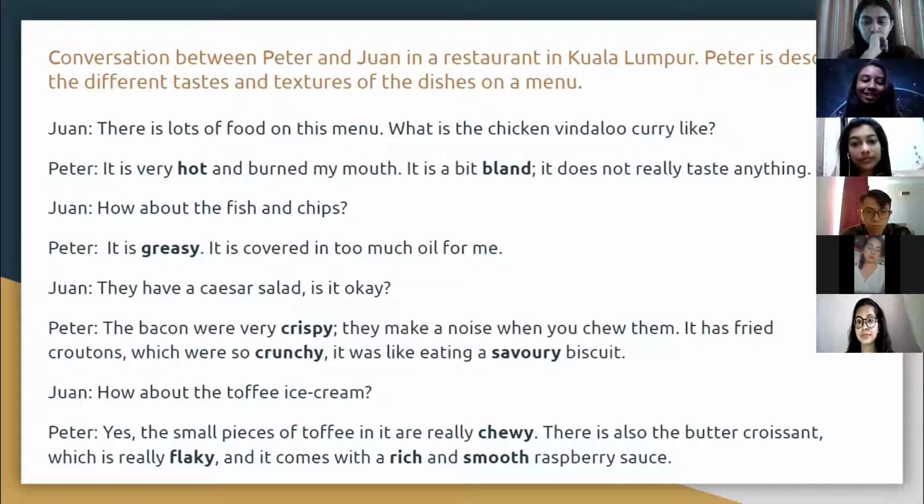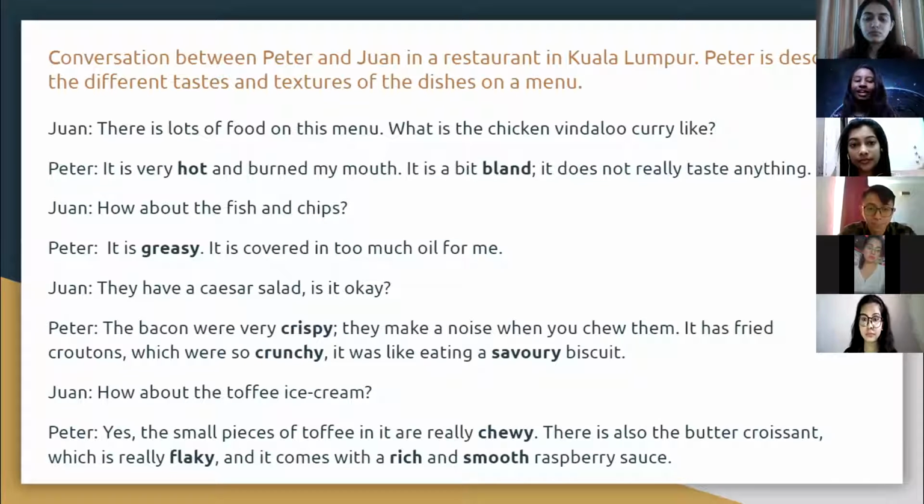Can someone give me another example for flaky food? Yes, correct. Pastry food. When you go to the bakery and the pastry section, most of the foods there are flaky because when you eat that, it's going to break.